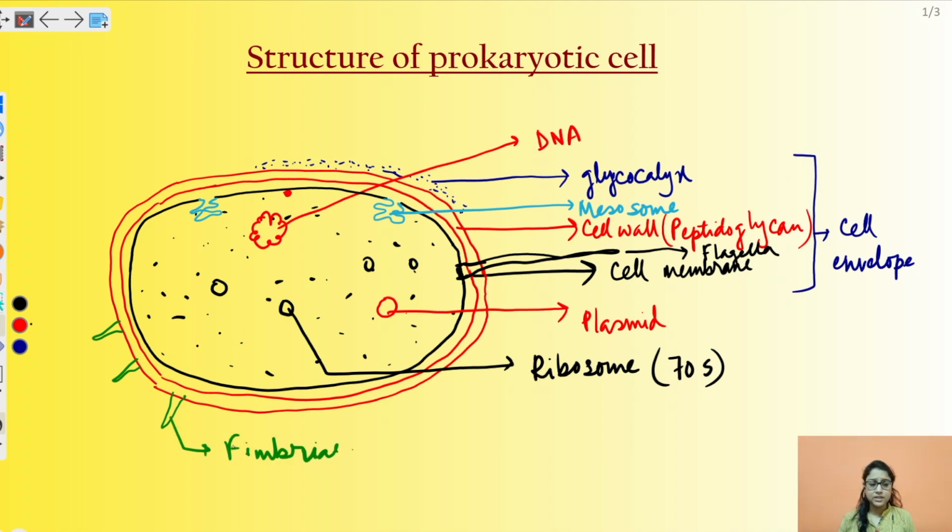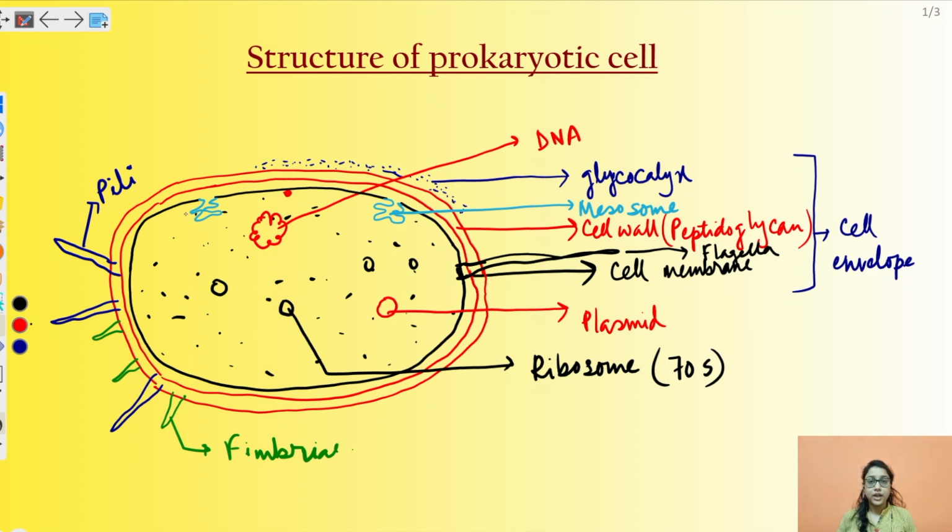These fimbriae are small filamentous or small bristle-like structures found in the bacterial cell, and we also find some elongated structures which are longer than these fimbriae, and these are known as pili, or sex pili.